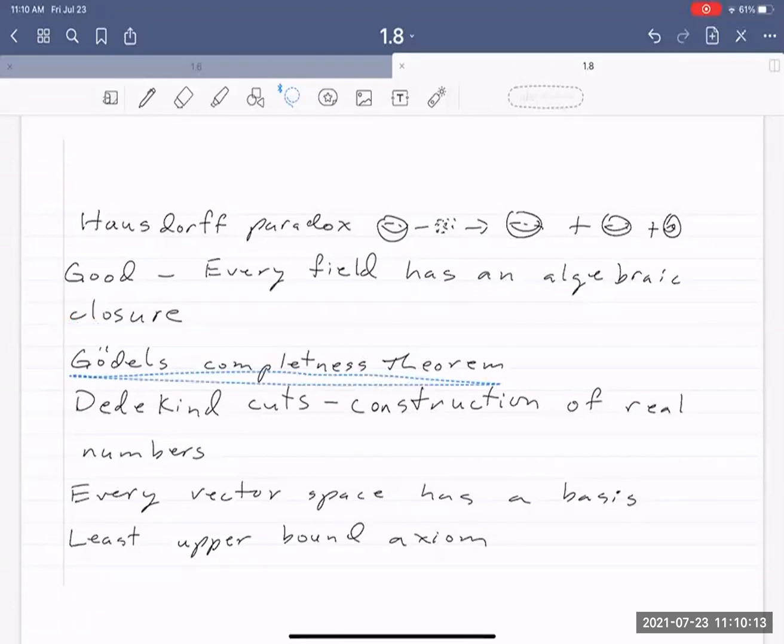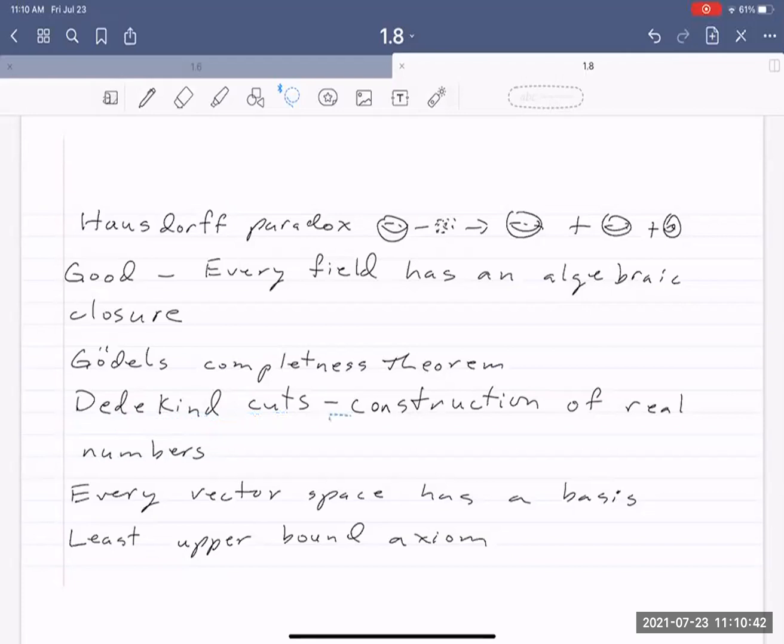Gödel's completeness theorem just says basically that you can complete the real numbers. Another good thing is that, well, if you assume the axiom of choice, you have what's called Dedekind cuts.